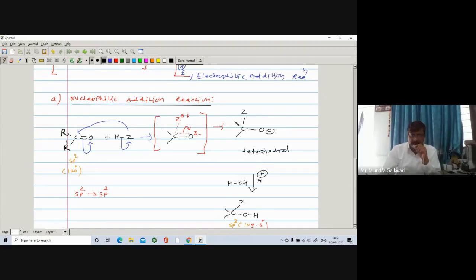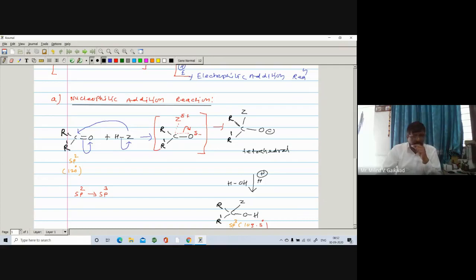Maybe alkyl, maybe aryl, maybe hydrogen. So I have made the corresponding example just by replacing the valencies of the carbonyl carbon by R and R dash.